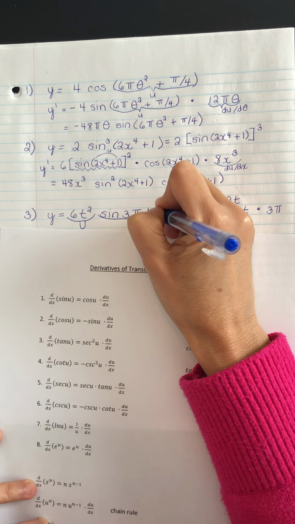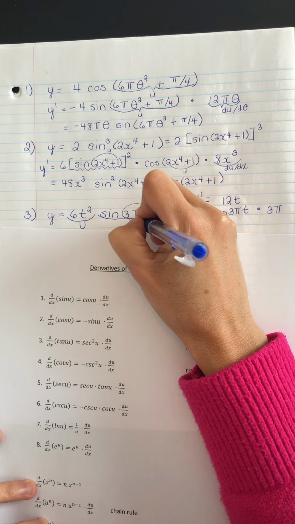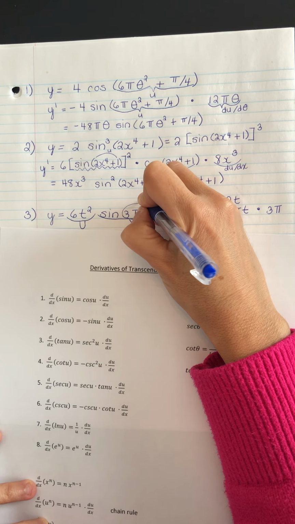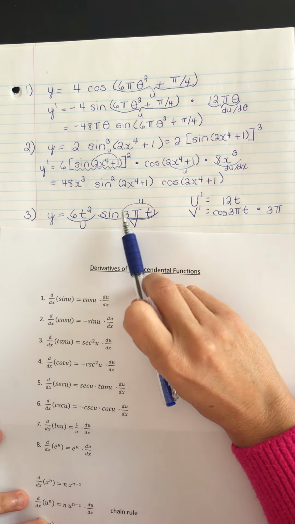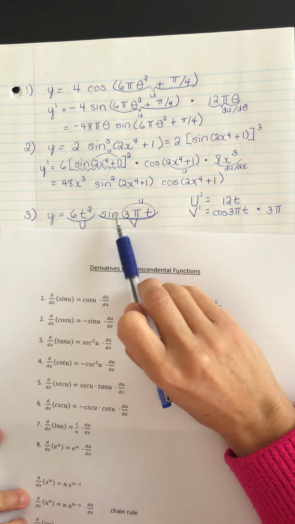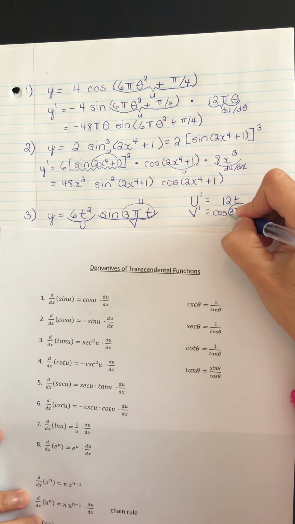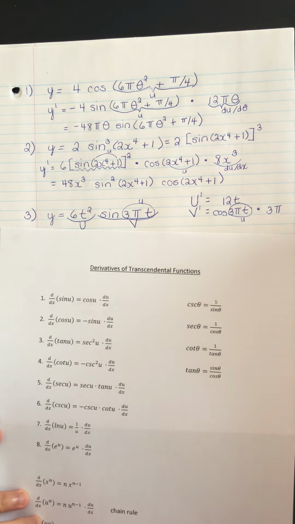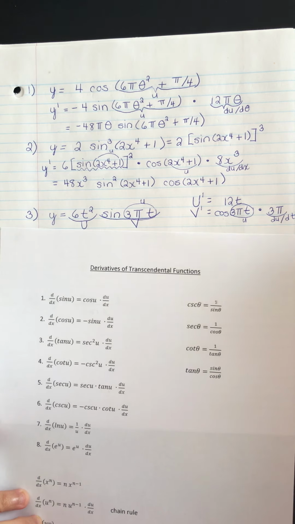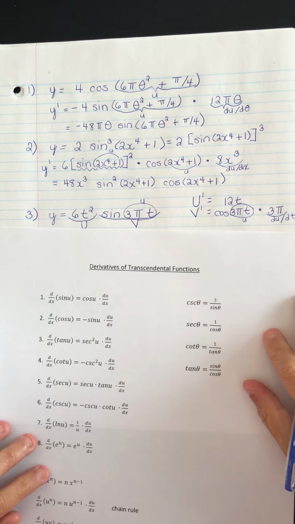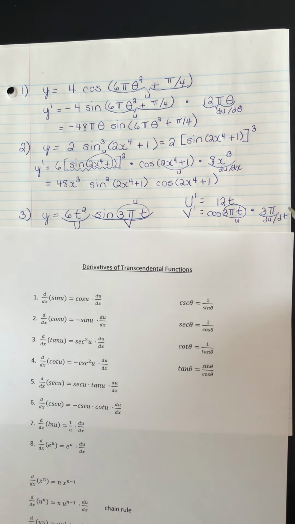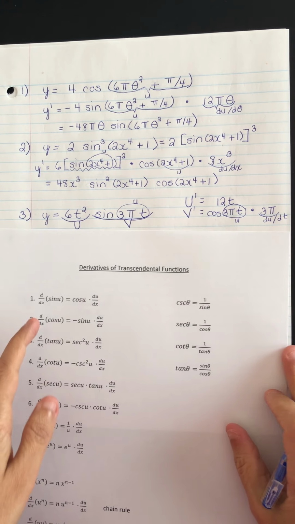So again, we're treating this as the little u in sine u. So its derivative is cos u times this part here is du, not by dx, but rather by dt, since little t is the independent variable in question 3.